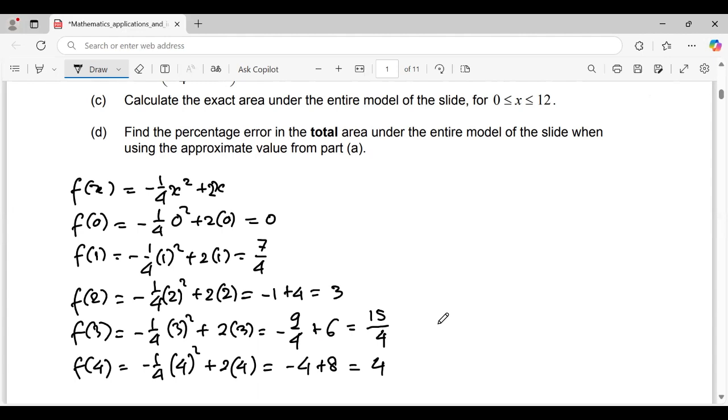So the trapezoidal rule formula, I'm going to show the trapezoidal rule formula.